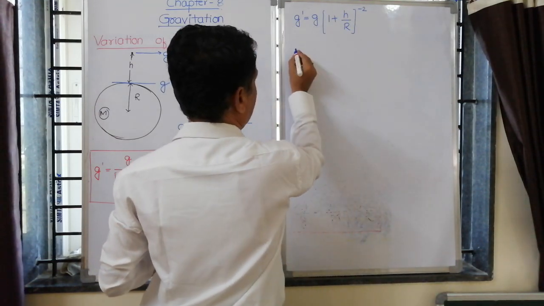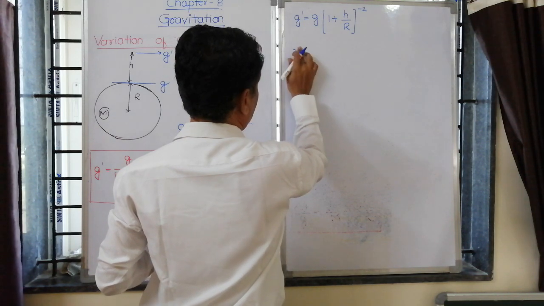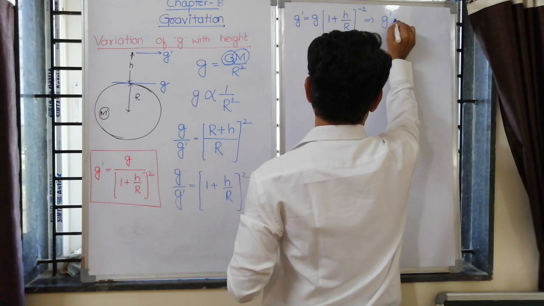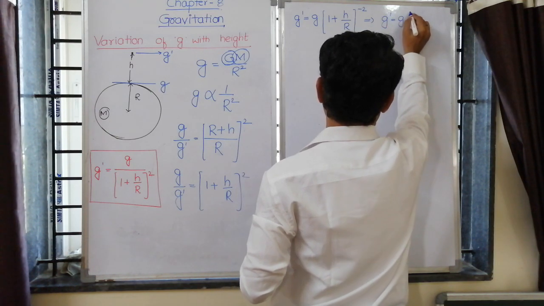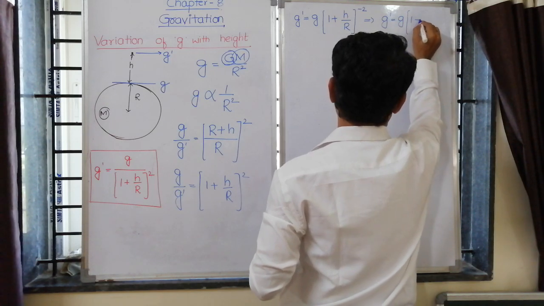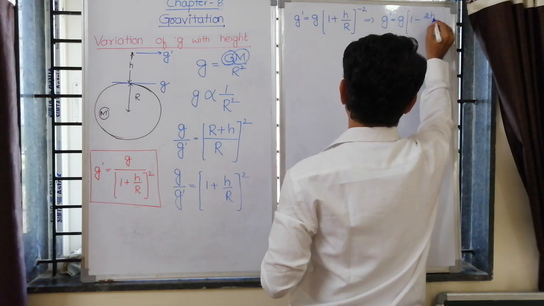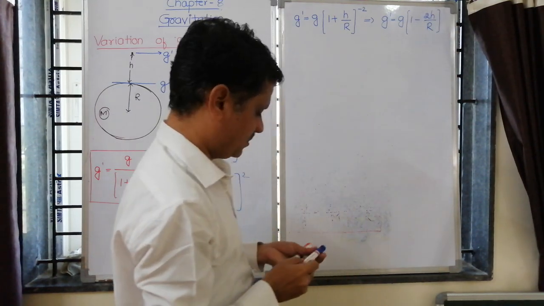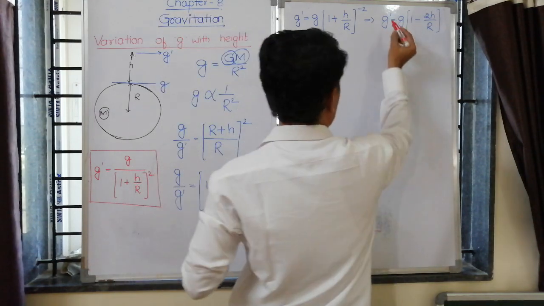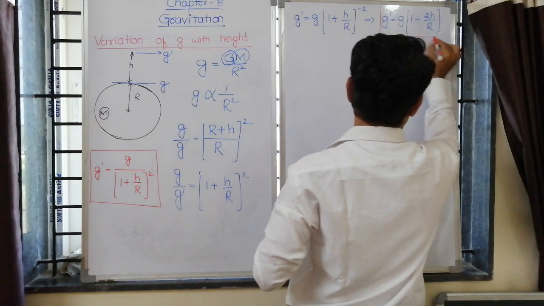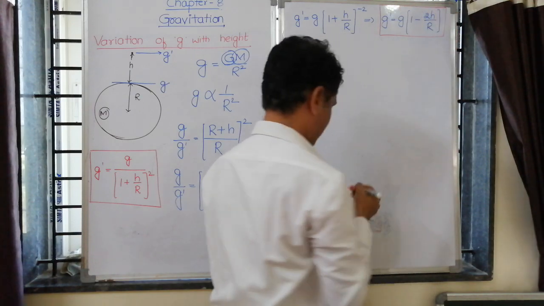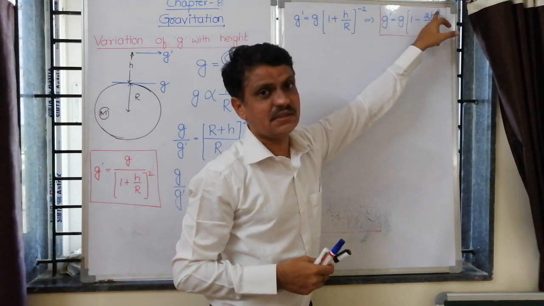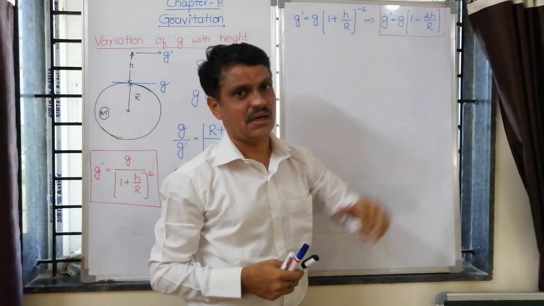Then if I expand it binomially, g dash is equal to g in bracket 1 minus 2h divided by R. So this is also a formula to calculate acceleration due to gravity at a height h. But remember, it is applicable only when h is small as compared to R.